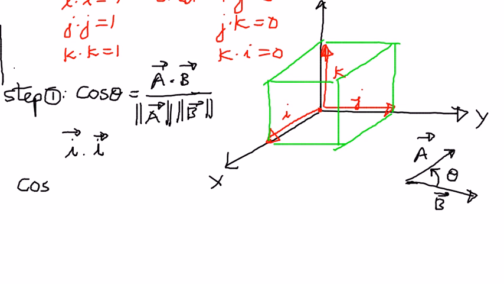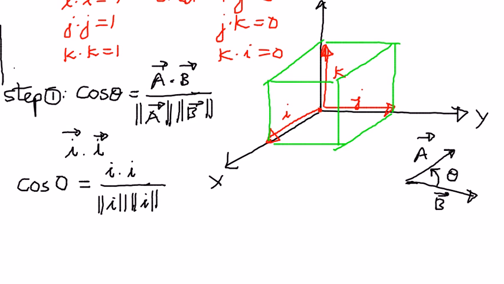Therefore, theta is going to be equal to 0. So therefore, cosine 0 is equal to vector A is I, vector B is I, divided by the magnitude of vector A times the magnitude of vector B, isn't it? That is how we want to think about it.